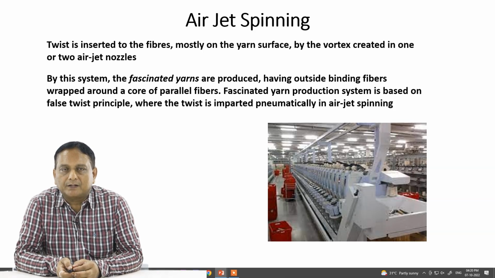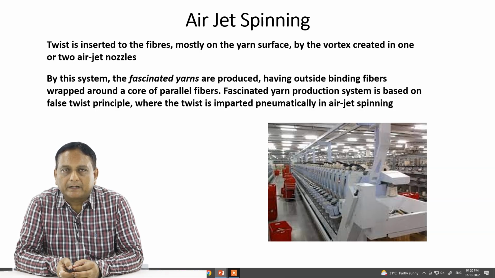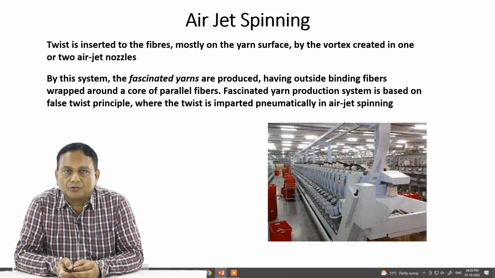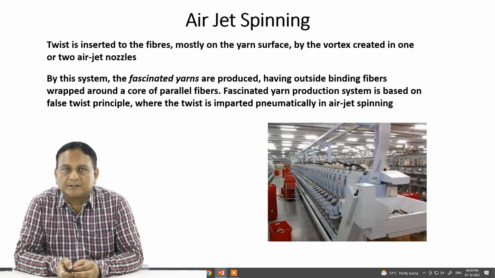So that's why this is not a normal yarn, because it has binding fibers wrapped around a core of parallel fibers. So fasciated yarn production is based on the false twist principle. Why? Because twist is imparted pneumatically in air jet spinning. So these are the unique features of air jet spinning.